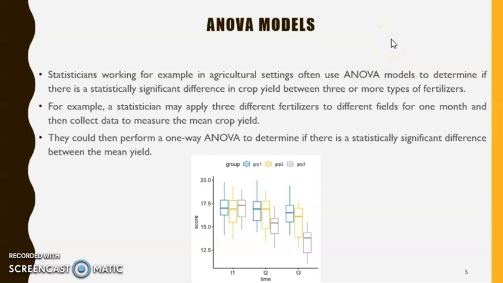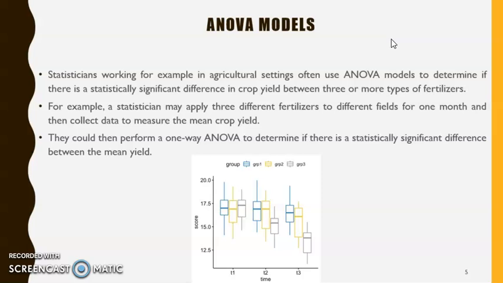So again, you see we have a hypothesis. The hypothesis is that there is no significant difference in crop yield between, for example, the 5 fertilizers that we have, and they do some statistical processes, all based on data, to decide if the hypothesis is approved or not approved.